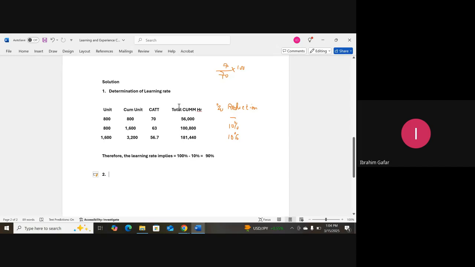The first one is 56. The second one is 44,800. So we add that 44,800 to 56 to get 100,800. The next one is 80,640. So we add 80,640 to this one to get 181,440.